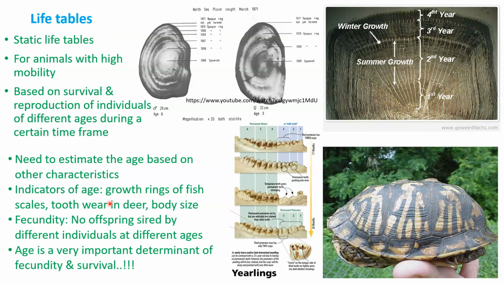And again, just to remind, a cohort is a group of individuals all born during the same time interval, right? Now, a static life table, also known as a time-specific life table, shows age distribution data that are collected from a cross section of a given population at a specific time frame during a particular period, right?